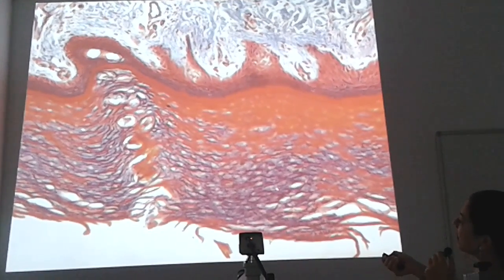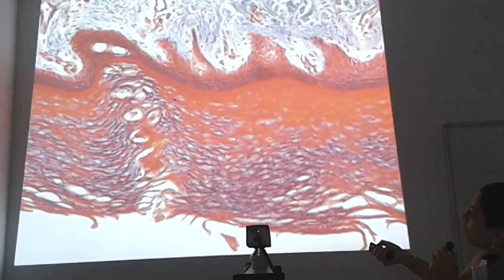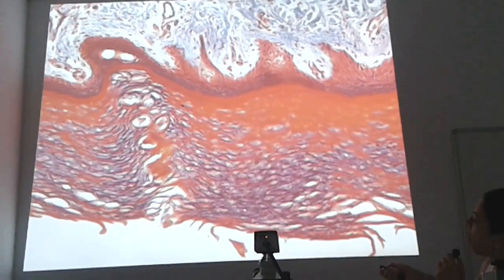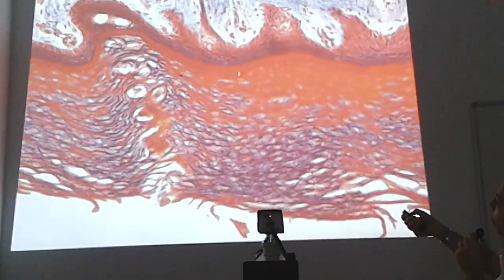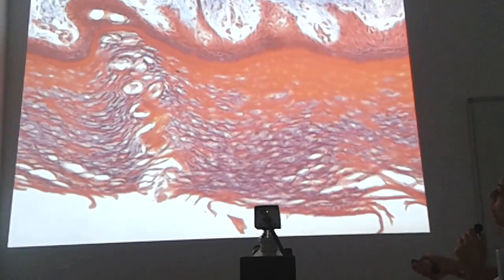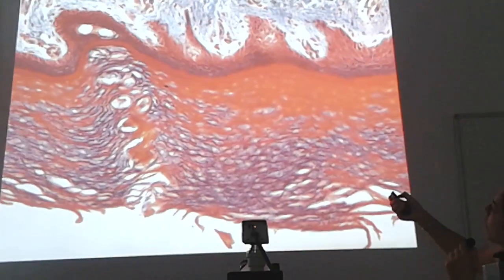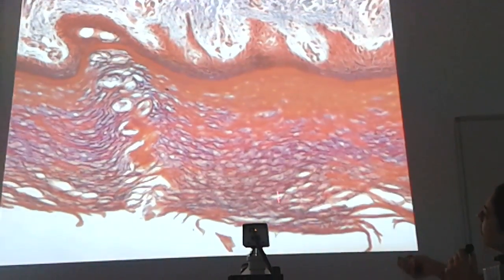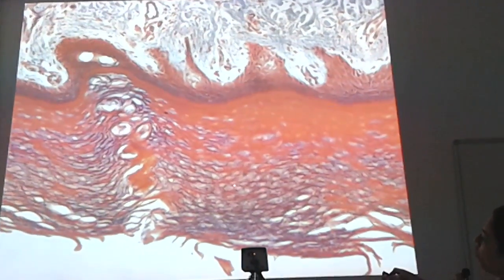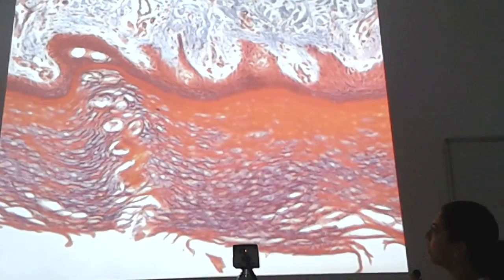As you can see here, these cells do not have nuclei, all right? So they lack nuclei, and all these cells are filled with keratin. This keratin layer flakes from the surface of the skin. So this is the epithelium without keratin, and these are the keratin flakes from the skin, which have no nuclei and are filled with keratin.